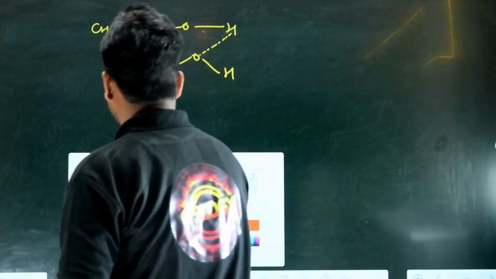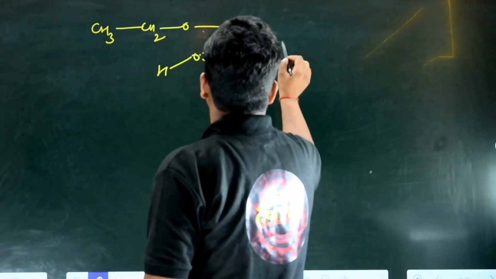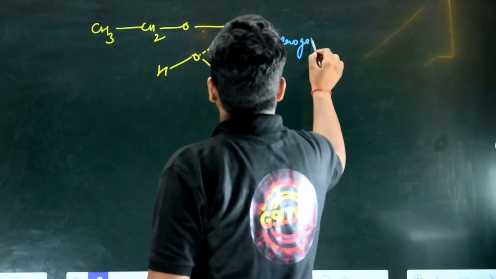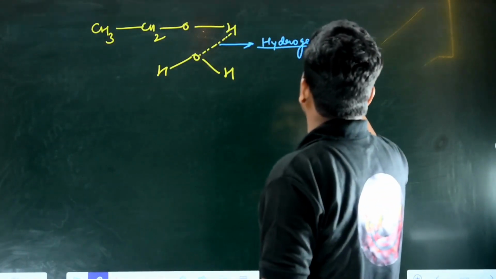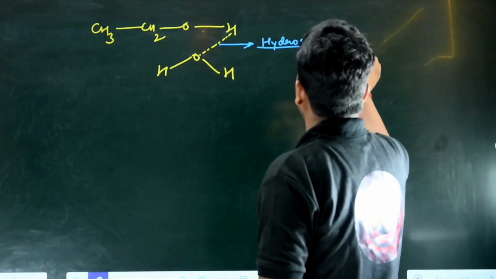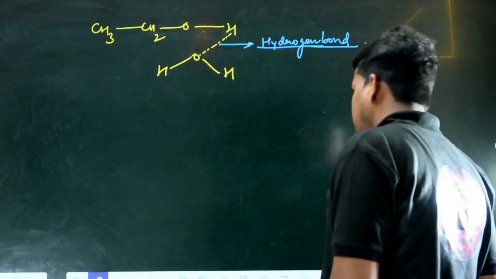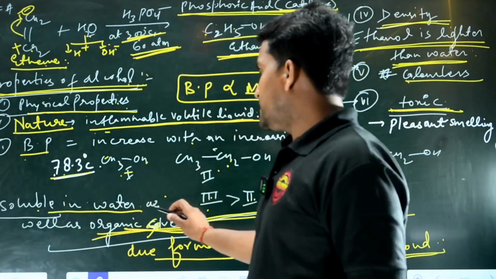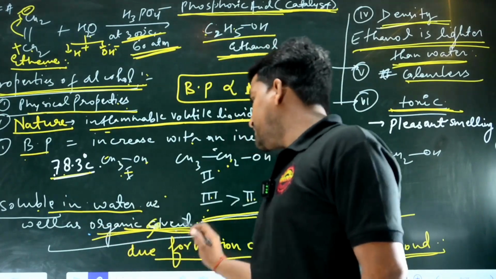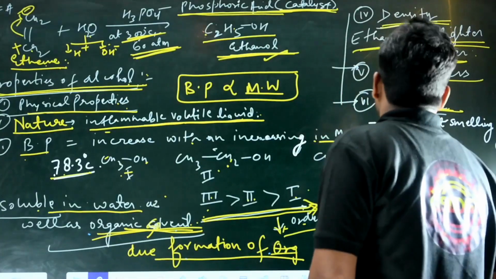That's why it is soluble in water. Why does ethyl alcohol dissolve in water? Because of the formation of hydrogen bonds. Clear everyone? Ethyl alcohol is soluble in water as well as organic solvents due to the formation of hydrogen bonds.